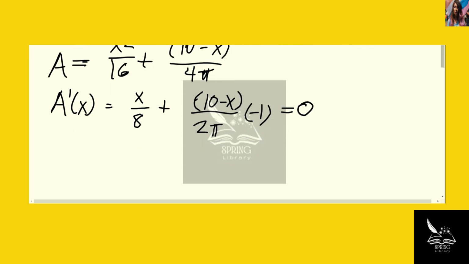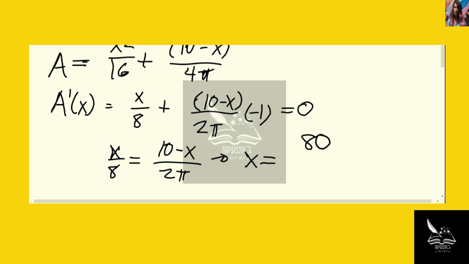So we have x over 8 equals (10 minus x) over 2 pi. Then cross multiplying and solving for x, we get x is equal to 80 over (2 pi plus 8), which is approximately 5.6.